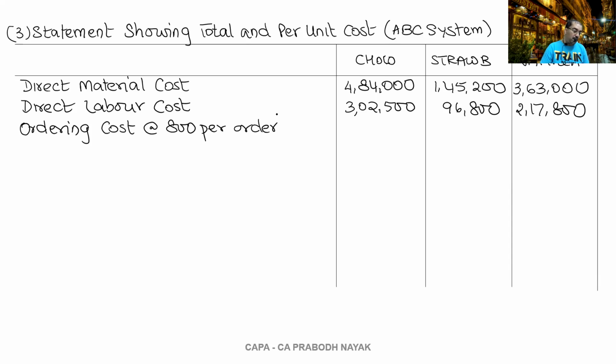So 800 into 35. That is 28,000. Then 800 into 30, 24,000. 800 into 15, 12,000.